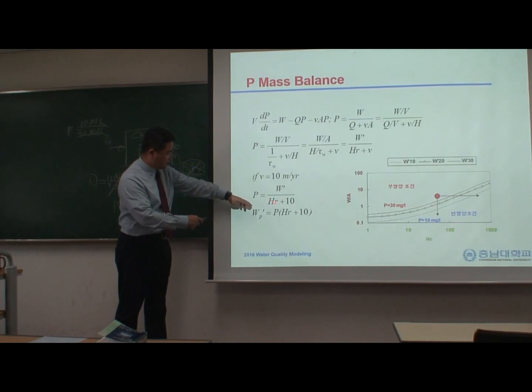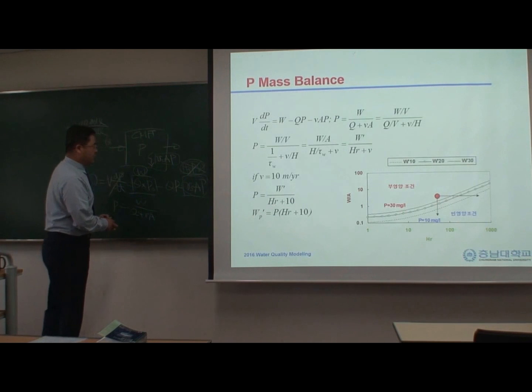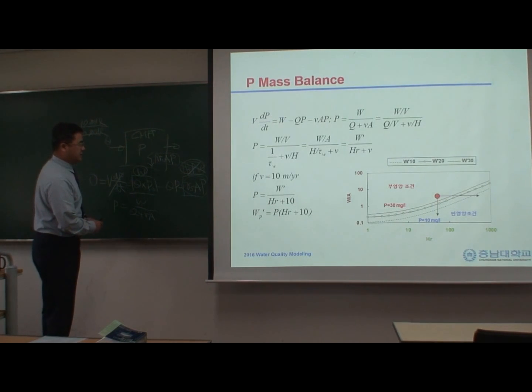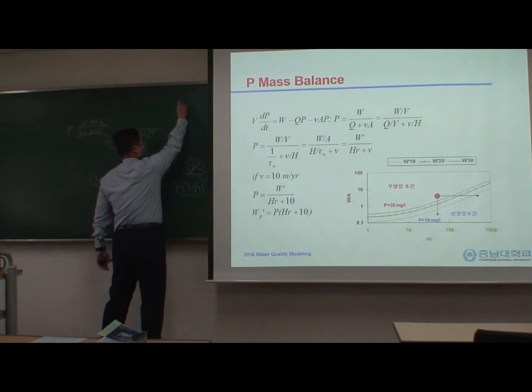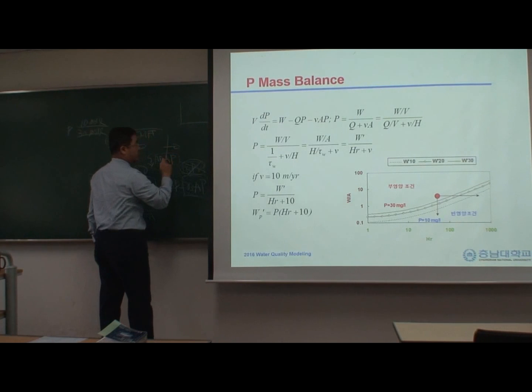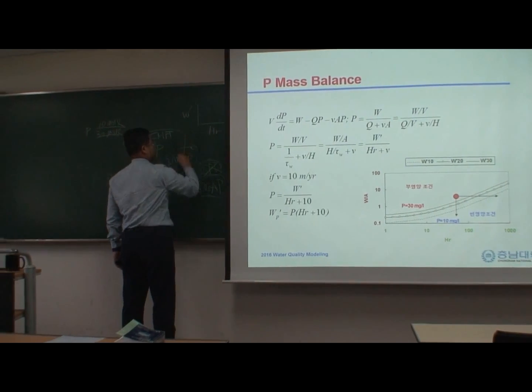Because I can just move this whole thing to here. So I have it here. So eventually what I'm going to have is, let's say, I'm going to draw a figure between H over tau and W prime.